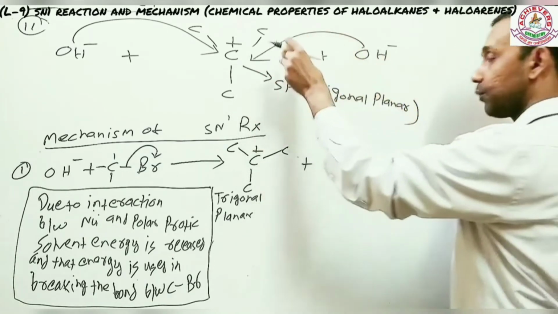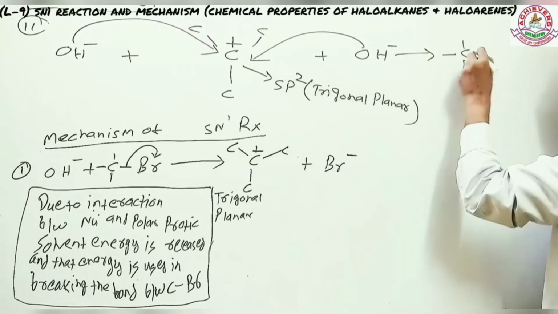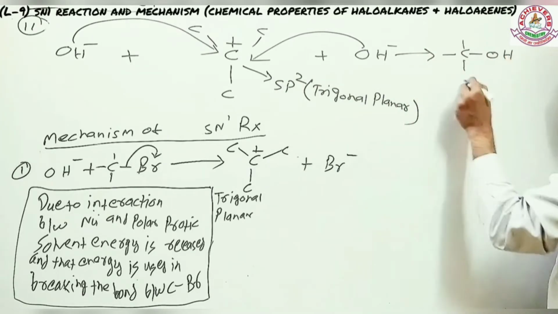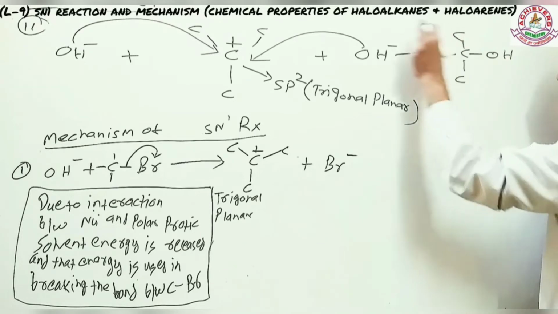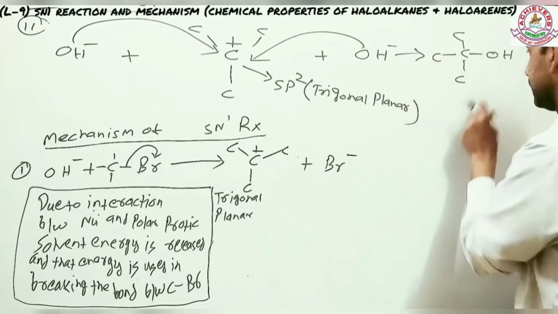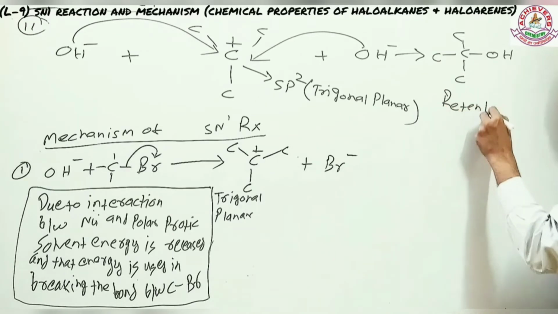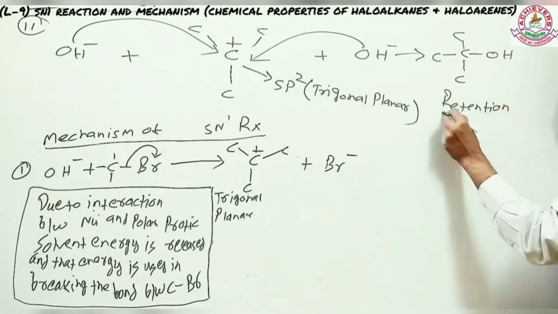So if attack from this side takes place, this is the product that is going to be formed. OH is on the right side, and this product is called retention. What is retention?